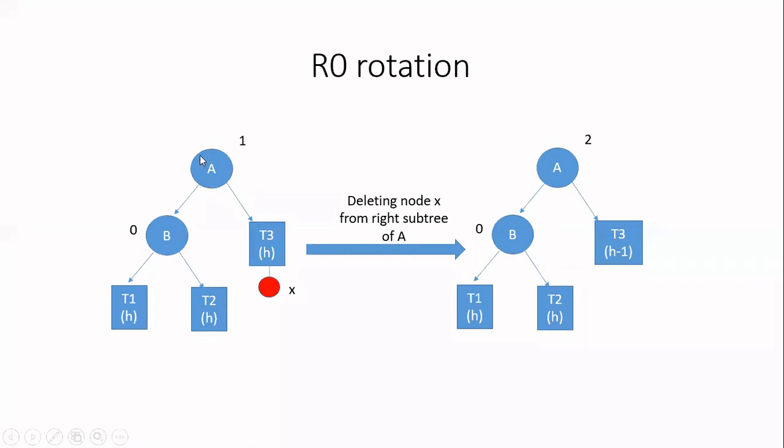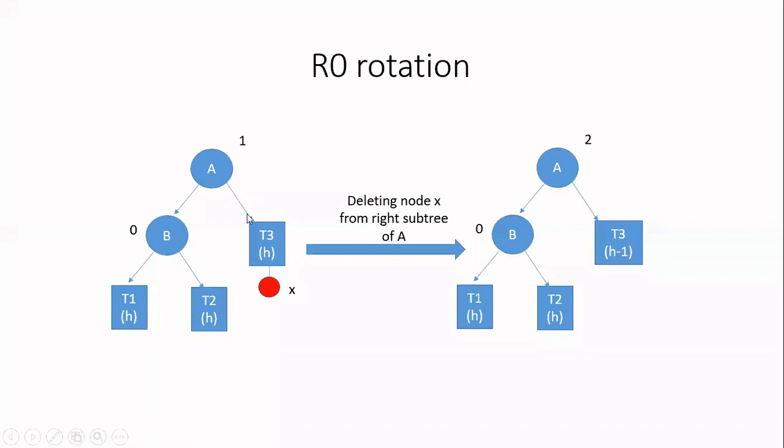Now let us consider the balance factor of this node A. Here T3 has the height H, and X is the node I want to delete, and that node is connected to this T3. Now if you consider the node A, what is the height of the right subtree of node A?